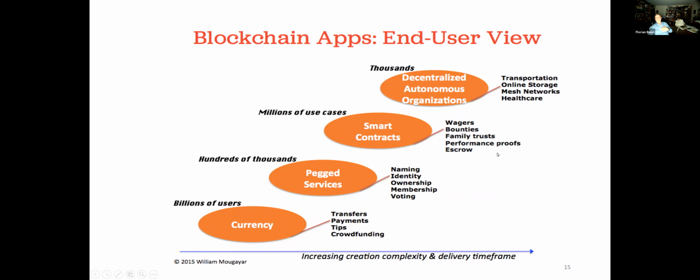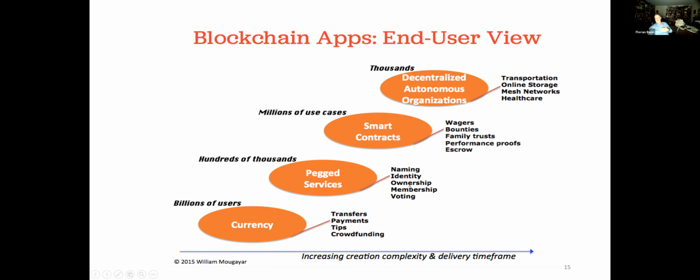This somewhat dated slide shows complexity and delivery time frame in terms of how many users would be involved in different types of applications. If you're talking about currencies such as Bitcoin, there are potentially billions of users. There are hundreds of thousands of users.